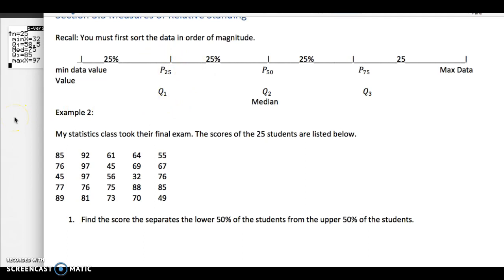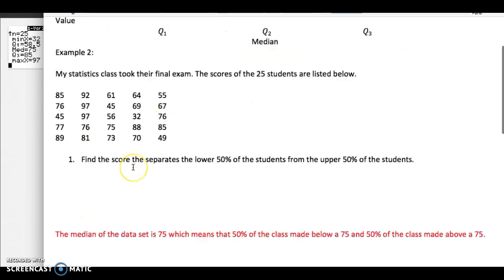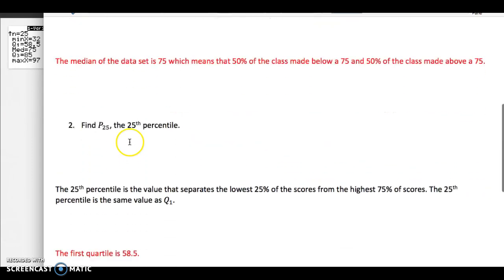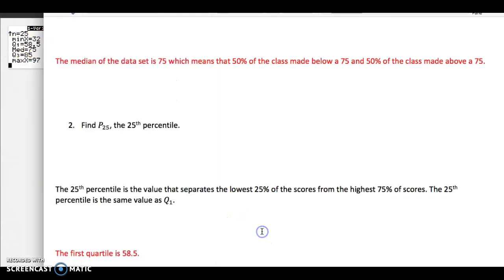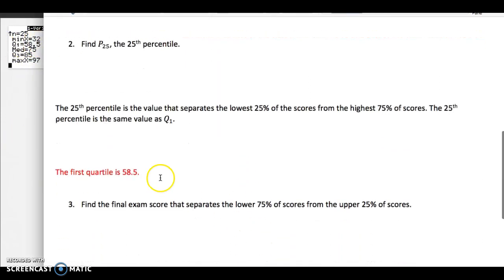It doesn't give us the percentile, so you have to know that the 25th percentile and the first quartile are the same thing. So this question is asking us for the 25th percentile. So that's going to be Q1, which is 58.5. So the first quartile, or the 25th percentile, is 58.5.